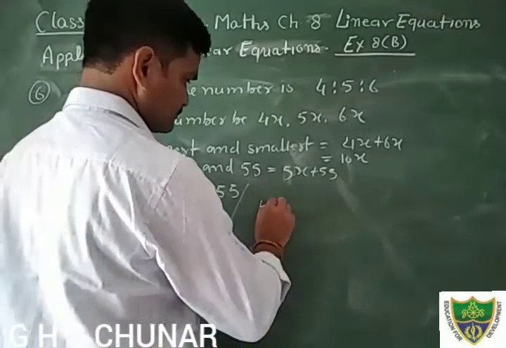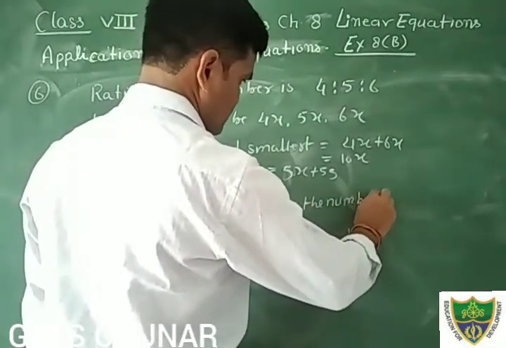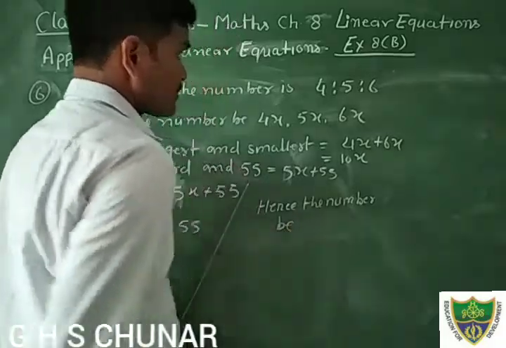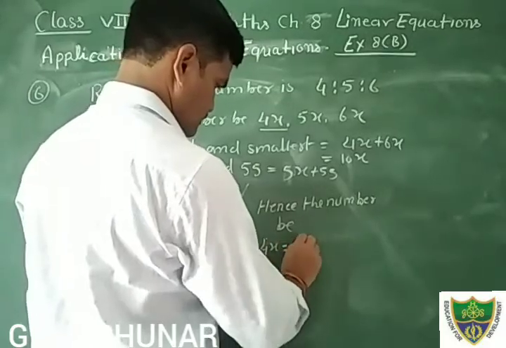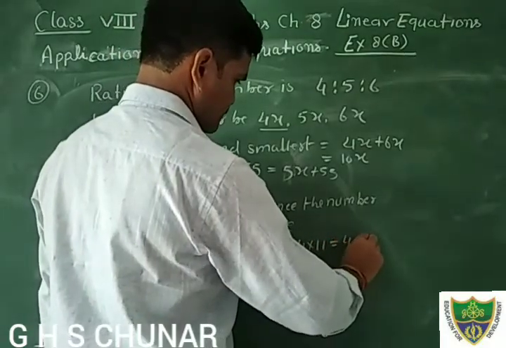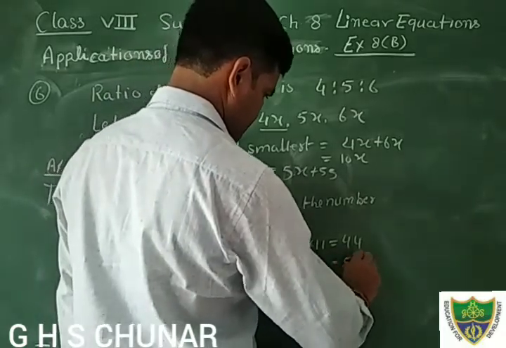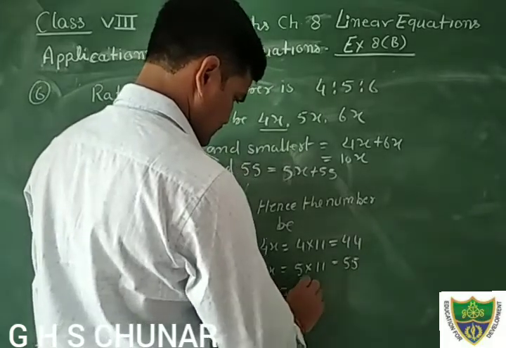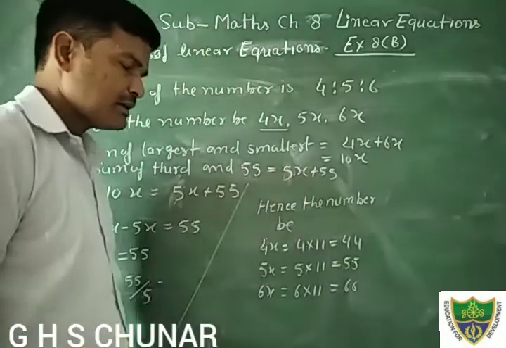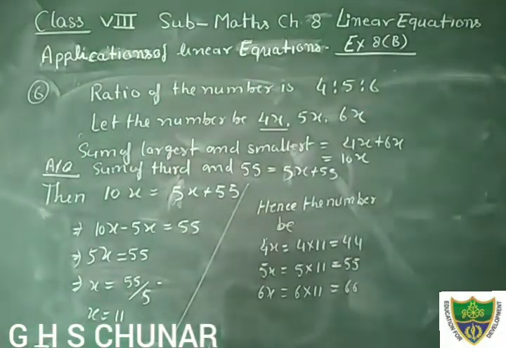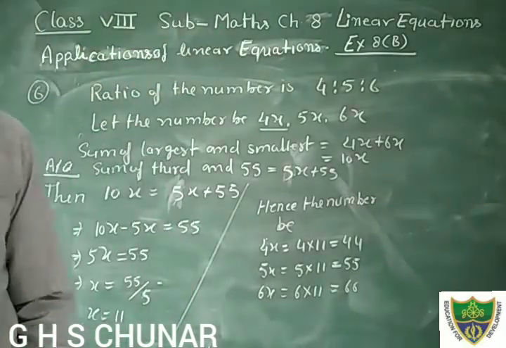And the numbers will be 4x, that is 4 into 11, that is 44; 5x, 5 into 11, that is 55; 6x, that is 6 into 11, that is 66. The sum of the largest and smallest is 110, and 55 plus 55 is also 110. So your answer is right. You note it.